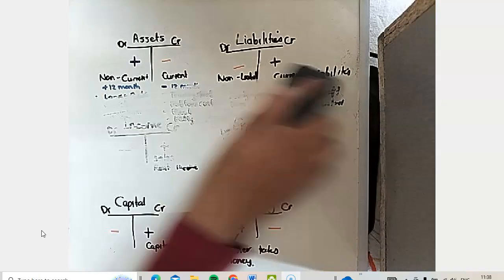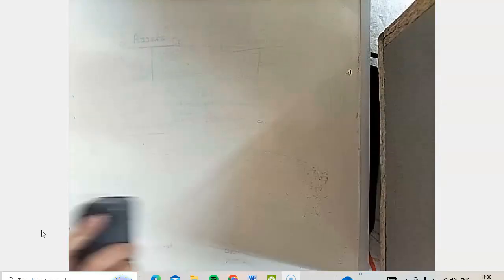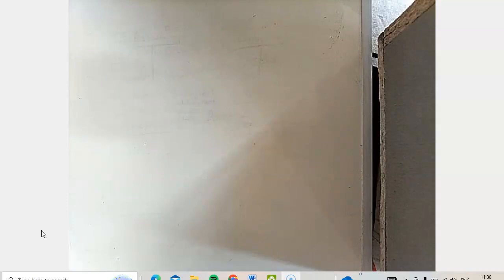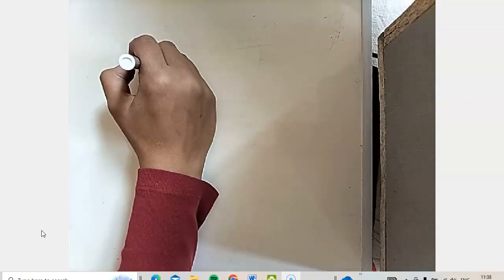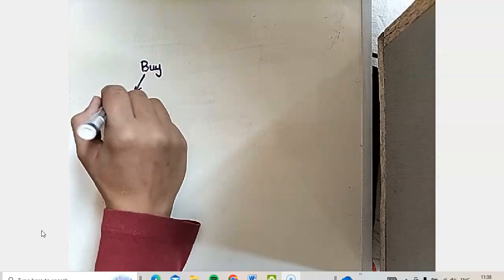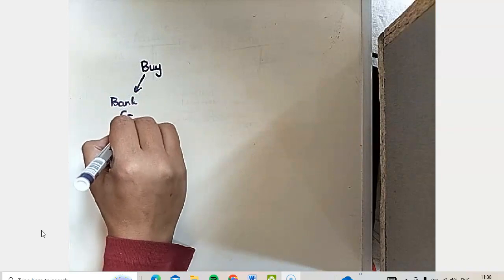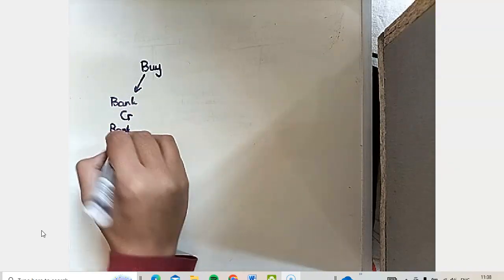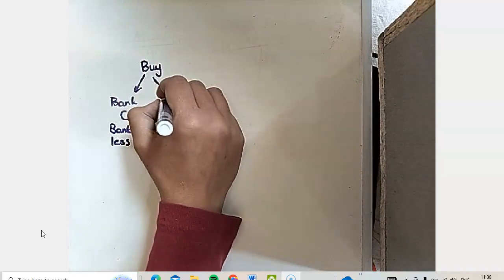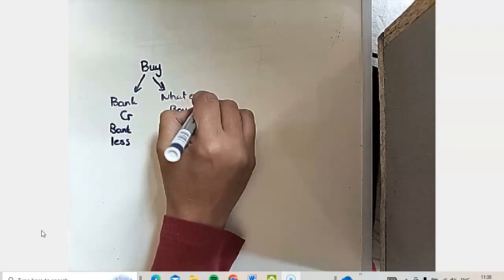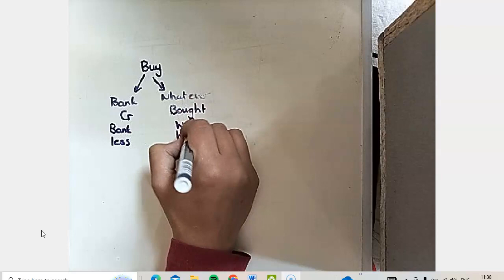So when you actually do your accounting equation, and you see you bought something, that's another thing that's very important. What will happen with bank? When you buy something, bank will decrease. It will normally be bank and debtors, but let's start just with bank. So when you buy, bank will be credited because bank is less, and whatever you bought will be debited.